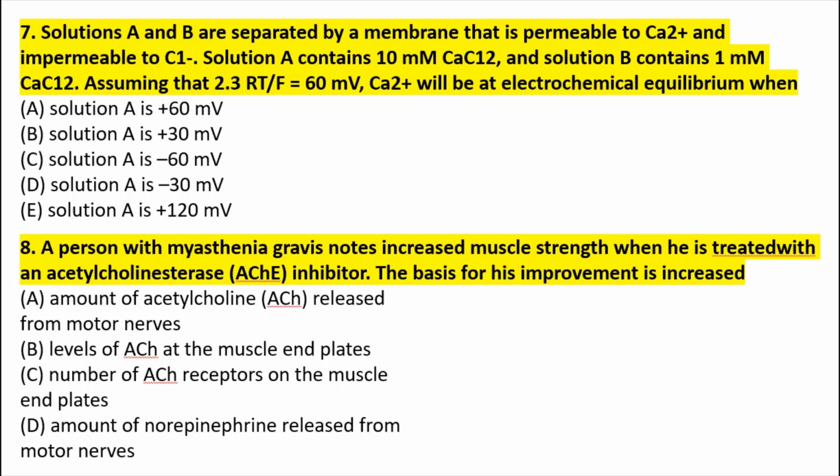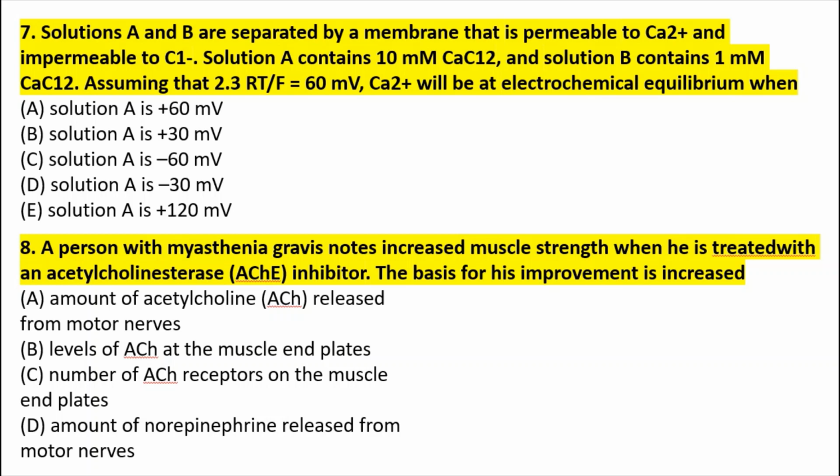Number 7. Solutions A and B are separated by a membrane that is permeable to calcium and impermeable to chloride. Solution A contains 10 millimolar calcium chloride and solution B contains 1 millimolar calcium chloride.